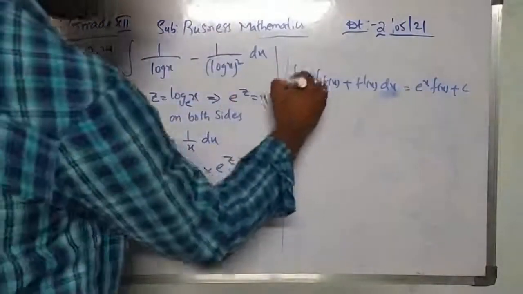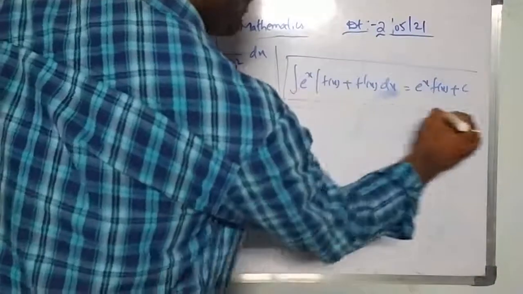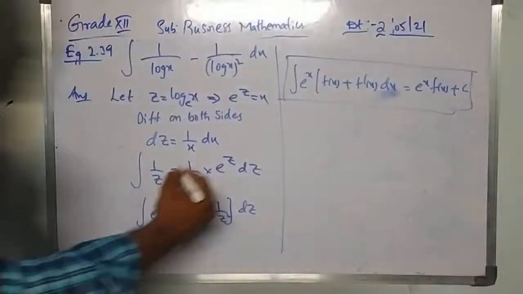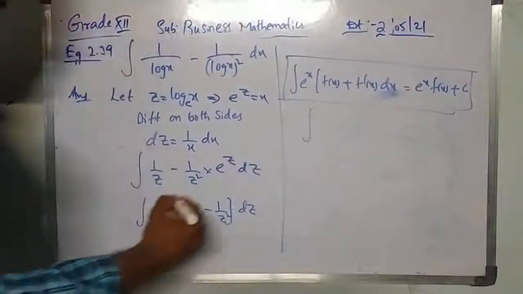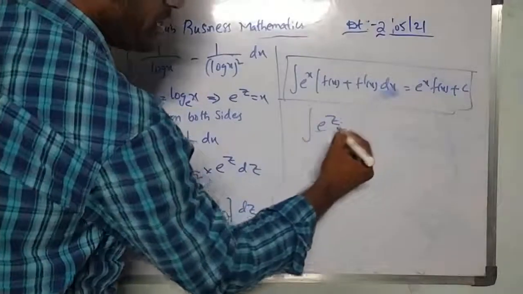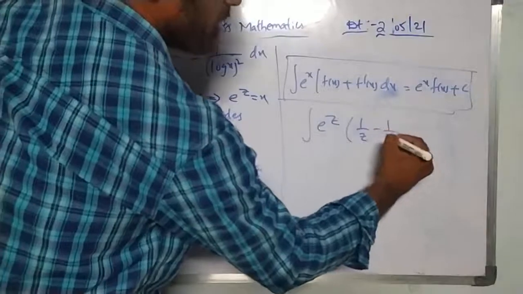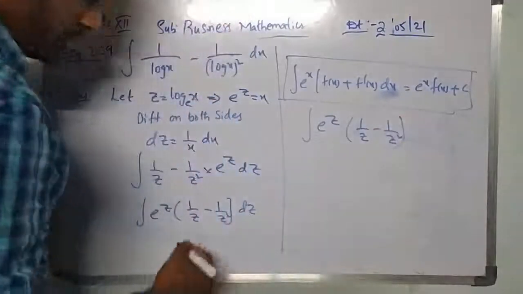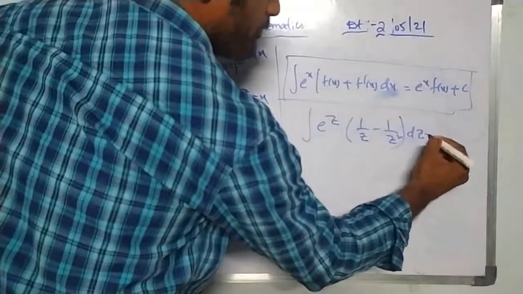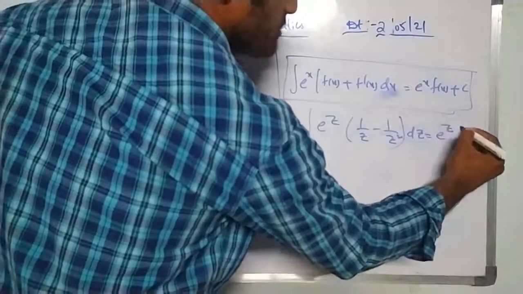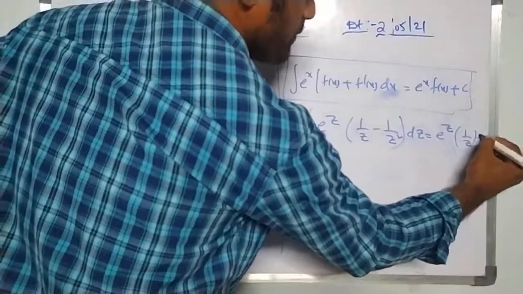This is the formula to be used. So this can be written as integral e power of z (1 by z minus 1 by z square) dz is equals to e power of z into 1 by z plus c.